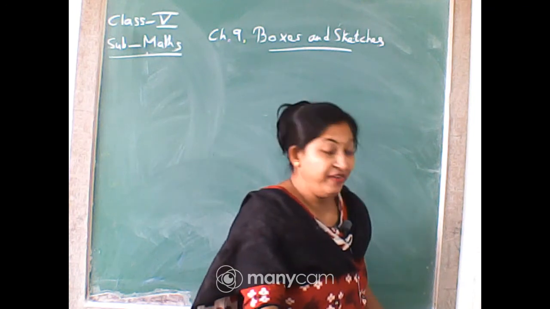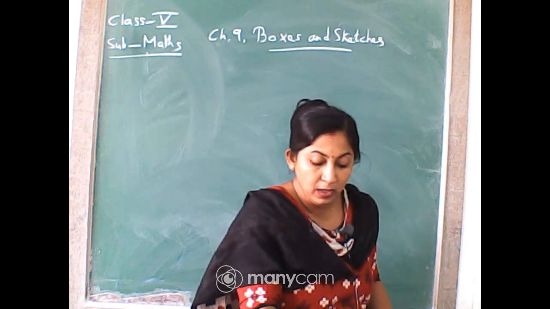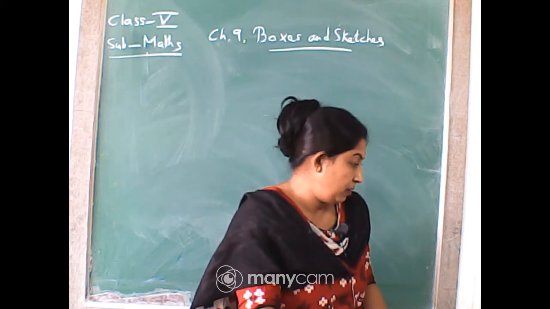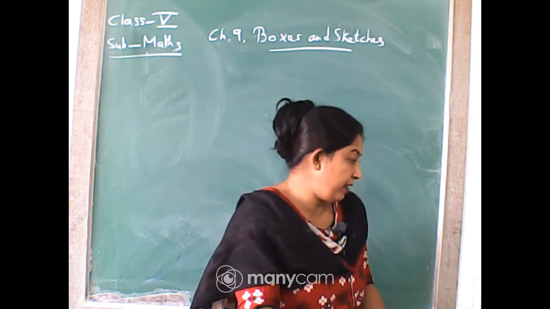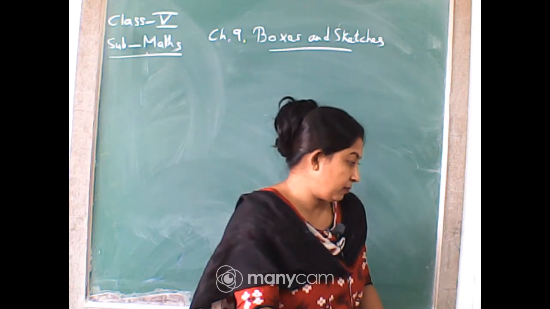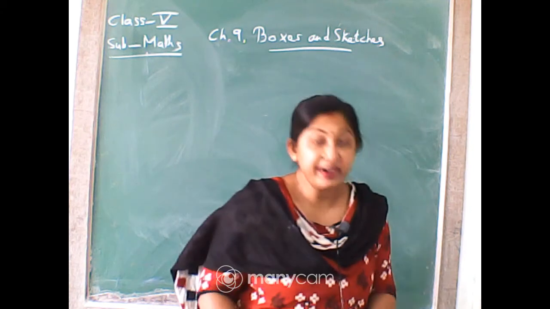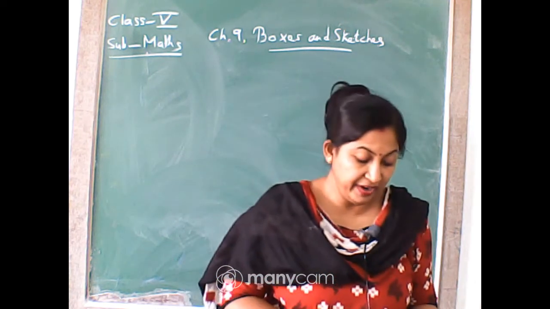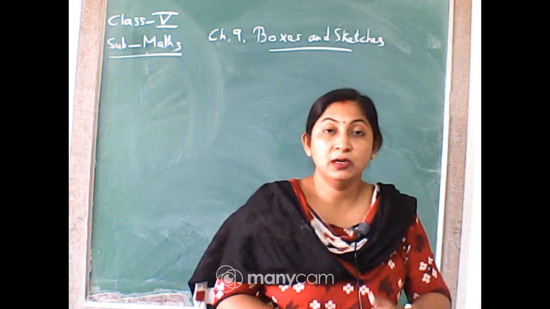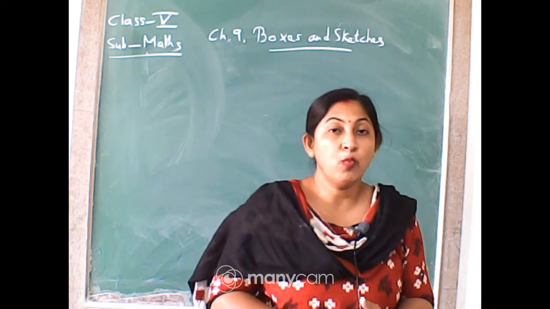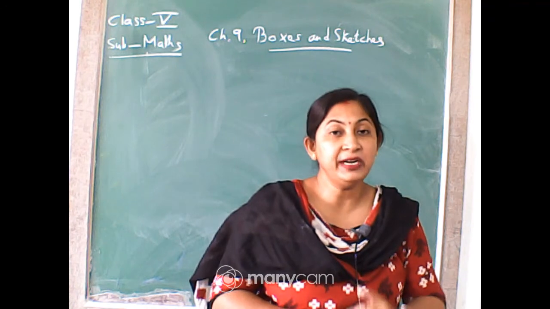Yes. Now everyone open the Math Magic book and come to page number 128. Yesterday we completed page number 128. In page number 128, the last topic was Boxes and Boxes, and there you learned what will be the net of different types of shapes.